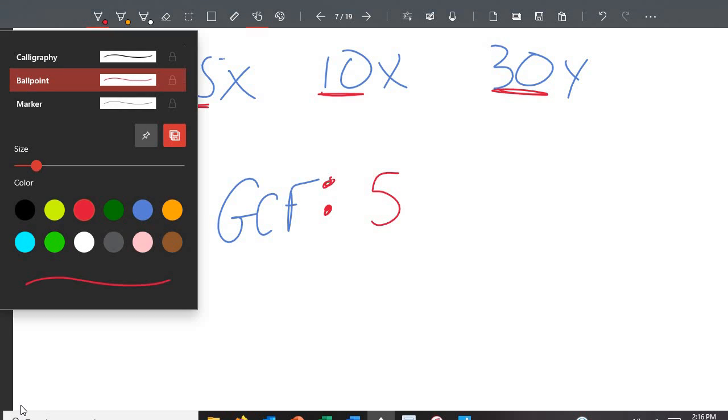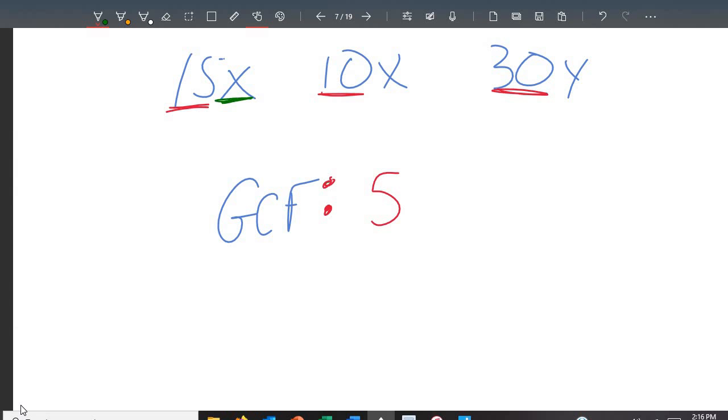Now, this one has an X. This one has an X. The third one doesn't have an X. Since the third one doesn't have an X, my GCF will not have an X. The third one has a Y, but the other two do not have the Y, so the Y will not be included. So the only GCF they have is the 5. None of the X's go in the GCF because they don't all have the same variable.